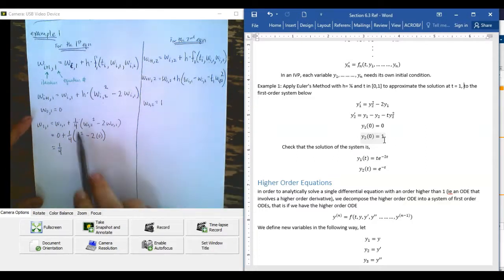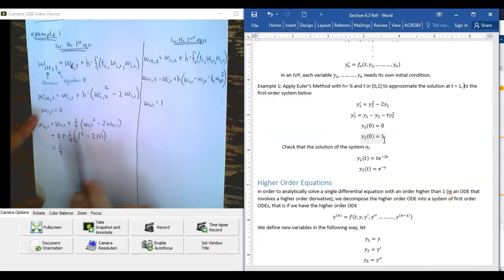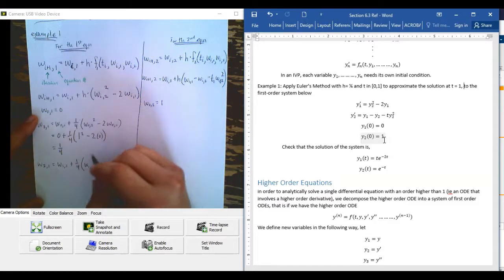Now, if we try to do the second iteration here, we're going to run into some trouble. The second iteration would be the previous from the first, plus 1/4 times W12, the second function, minus 2 W11 from the first function.